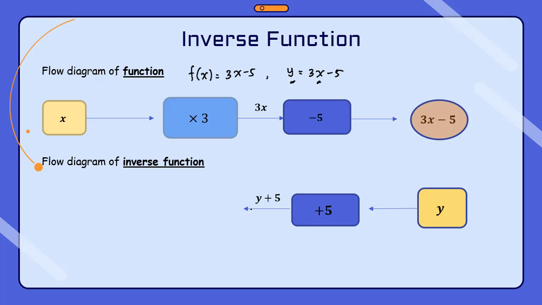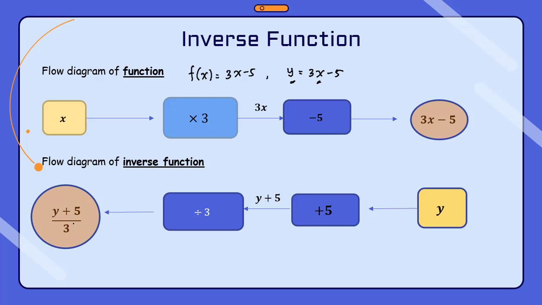Then we divide by 3, because the inverse of multiplication is division. Now we get the value of x, which is y plus 5 out of 3. So we found the inverse of the function. This is the symbol f inverse of x. The inverse will be x plus 5 out of 3.